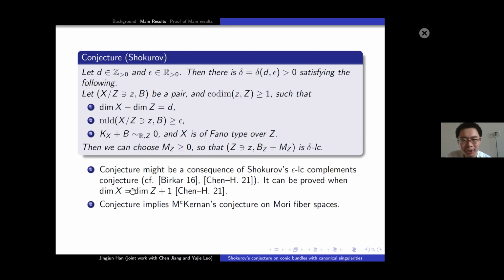If the relative dimension is larger than 1, it is also expected, and indeed we prove a weak version of the Shokurov conjecture by assuming the Shokurov epsilon-log canonical complements conjecture.